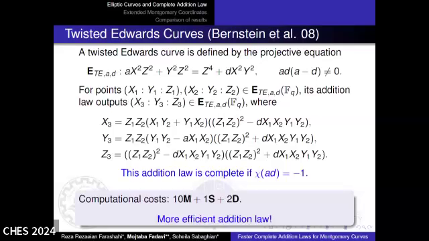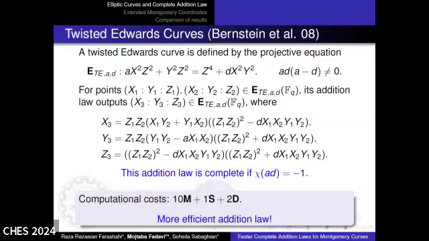And it is well known that this formula is complete if the product of A and D is a non-square element. If we count the multiplications, its computational cost is 10m plus 1s plus 2d, where m stands for multiplication, s stands for squaring, and d stands for multiplication by a constant element.